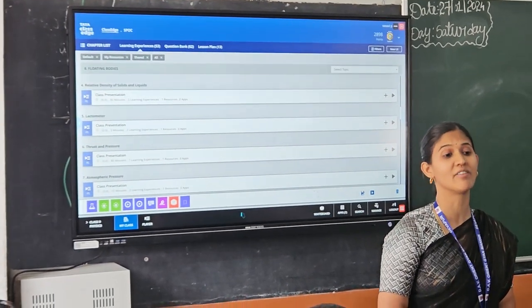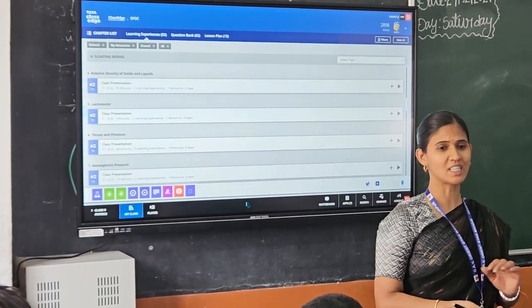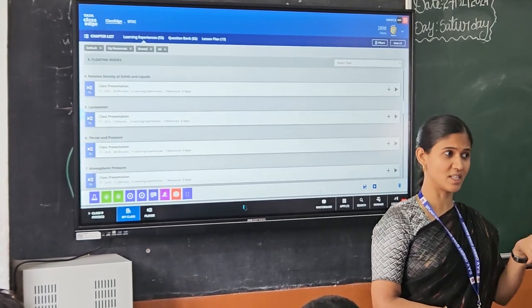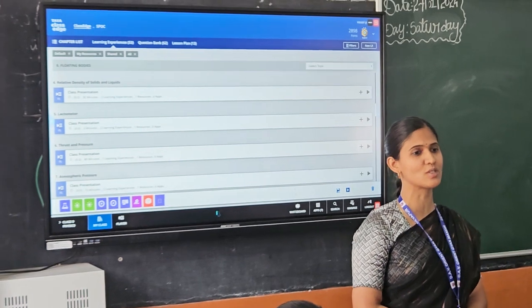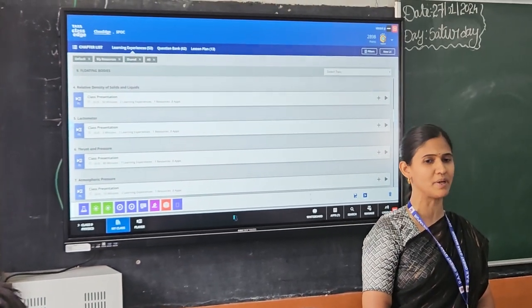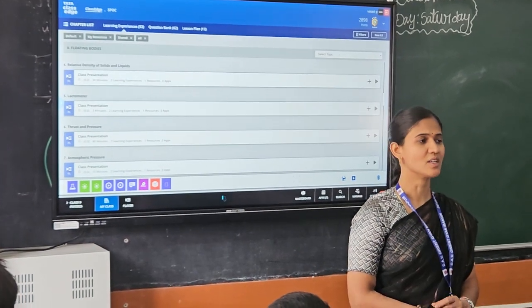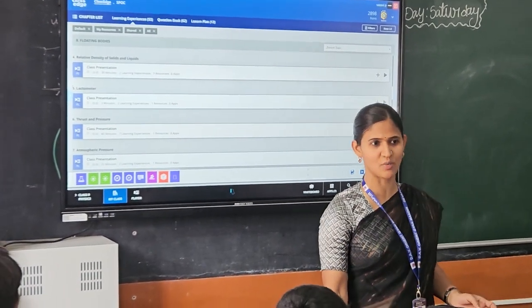This is all you learned now. And while making a ship, why does the ship float on the water, though some material is used in making the ship? You understood, no? So tomorrow our session is atmospheric pressure.